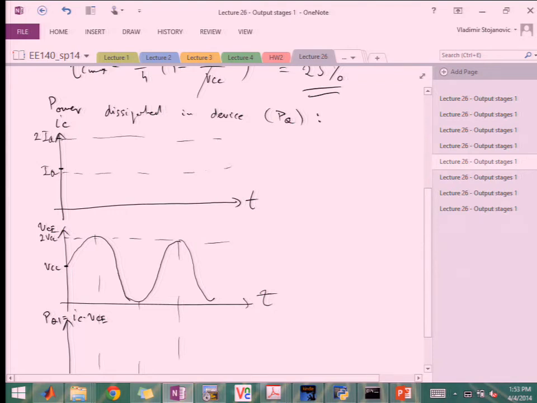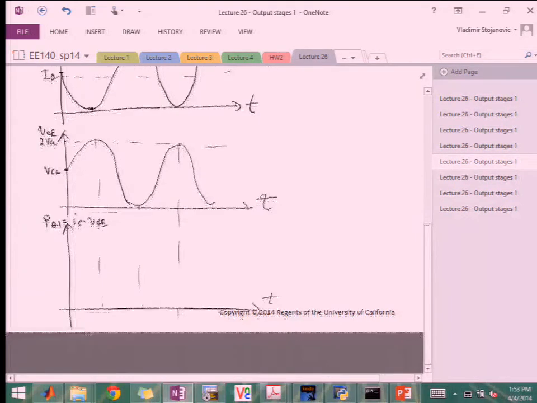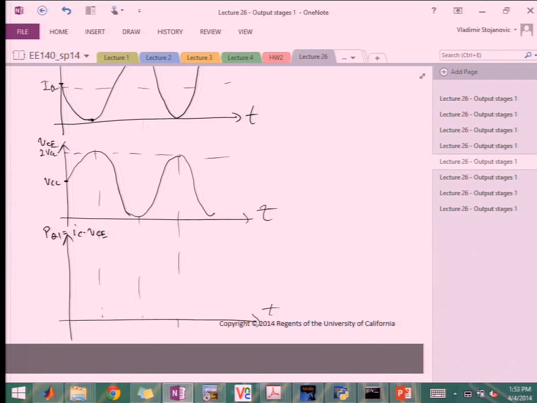When I'm supplying IQ to the load, I'm supplying also IQ to the source. That's why at peak I have IQ. Not the best at drawing sine waves, but you get the point.